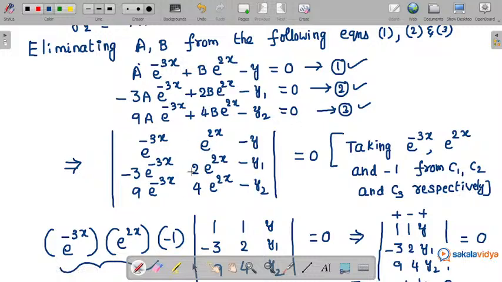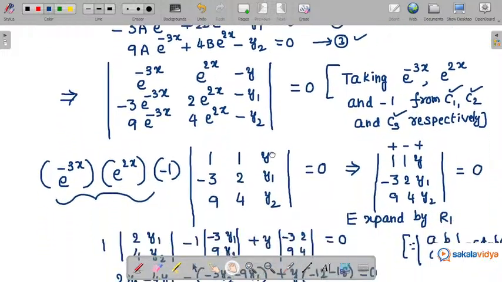By the properties of determinants, e power minus 3x can be taken common from C1, e power 2x can be taken common from C2, and negative 1 can be taken common from C3. By taking e power minus 3x, e power 2x and negative 1 from C1, C2 and C3 respectively, what do we get? This one.